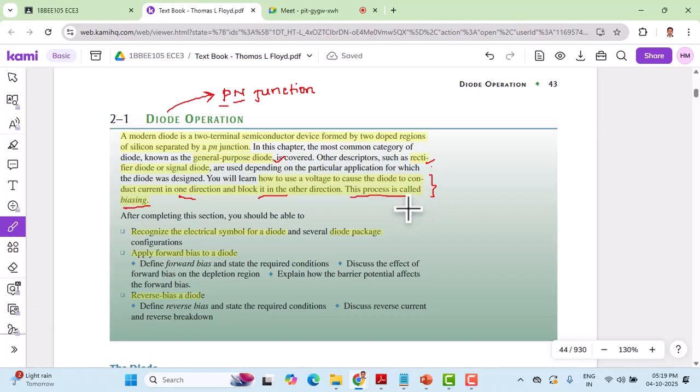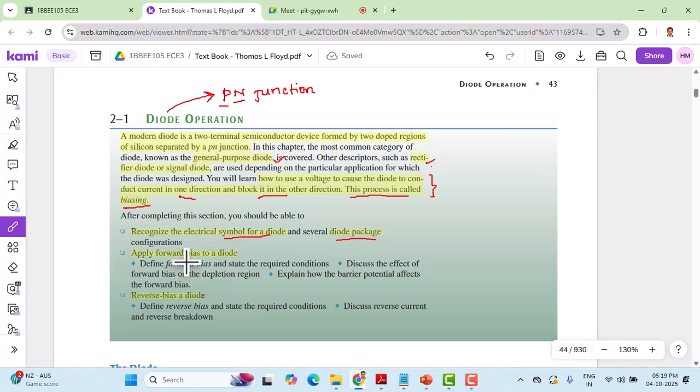Once you complete this chapter, you will be in a position to understand the symbolic representation of a diode, which I will show later on, and how diodes are manufactured, and the different types of packages in which diodes are manufactured. We will also look at the different types of bias that we apply, namely forward bias and reverse bias.